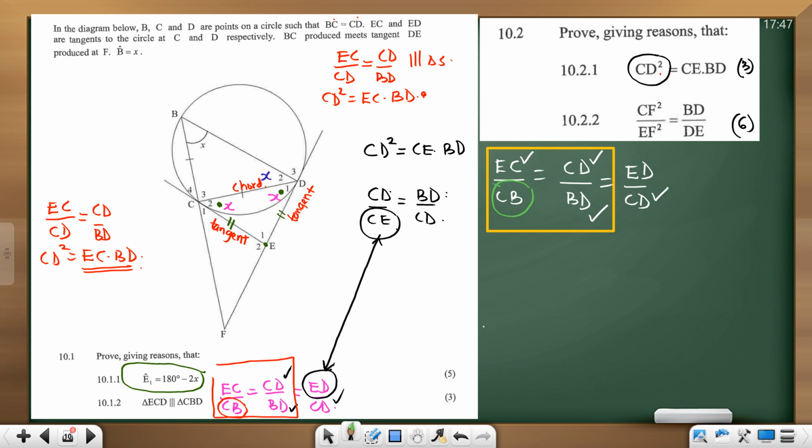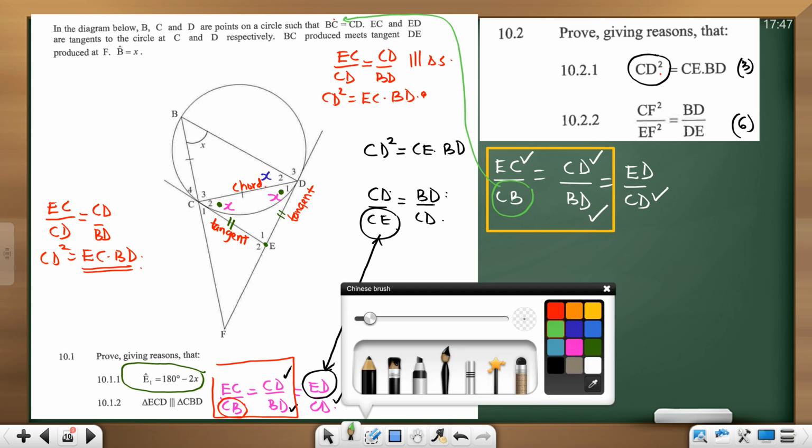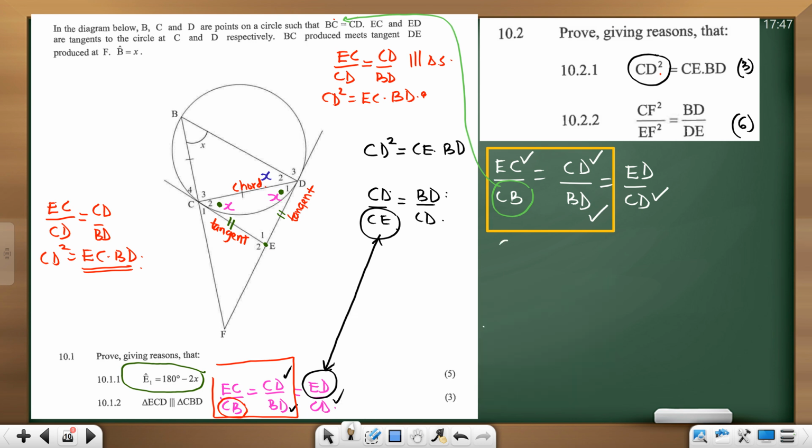But if you go back to what was given, do you notice that BC is equal to CD? Yes, sir. Okay, so let's change it. Let's write it nicely. CE alphabetically. Instead of writing BC, BC is the same as what? CD.